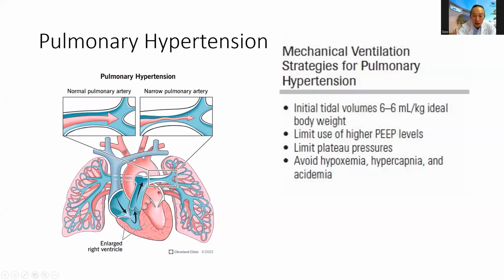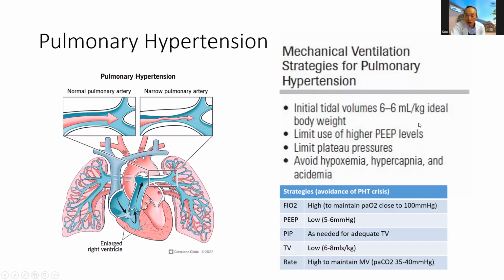So how do we ventilate this group of patients? Most of the time, as we mentioned, we don't need very high tidal volume. We don't like very high PEEP also. In terms of oxygenation, you can be a bit more generous in giving oxygen, the FiO2. For patients right after surgery, I usually keep it a little bit higher just to prevent pulmonary hypertensive crisis.